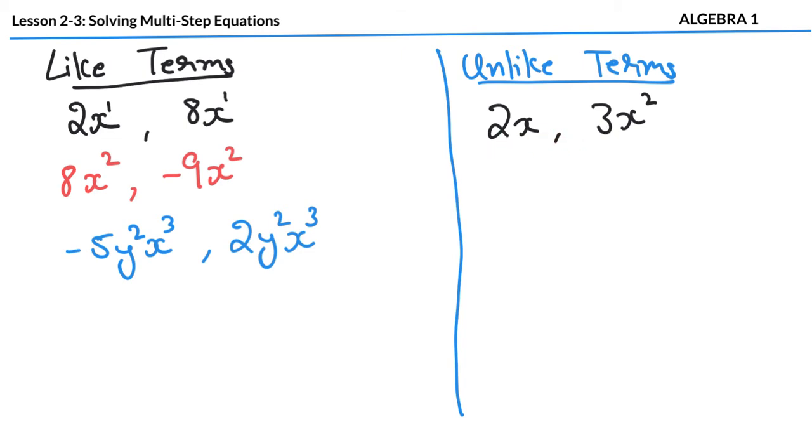Now we know the idea. What are like terms? Same variables with the same powers. Now only like terms can be added and subtracted. You can add or subtract only the like terms, not the unlike terms. Now with this understanding of like terms, let's get into solving the problems.